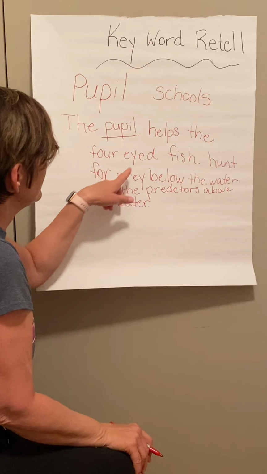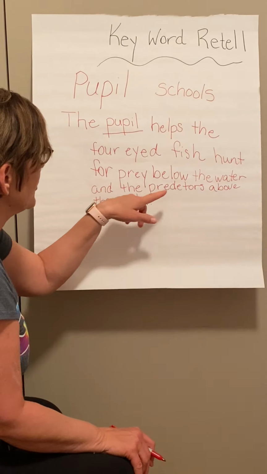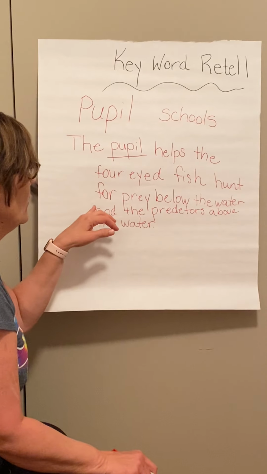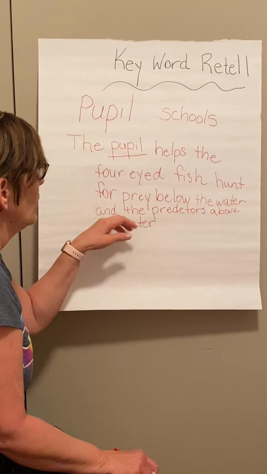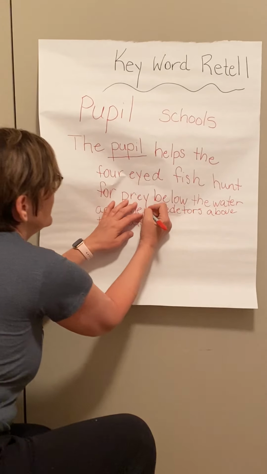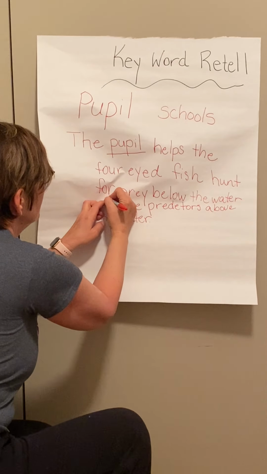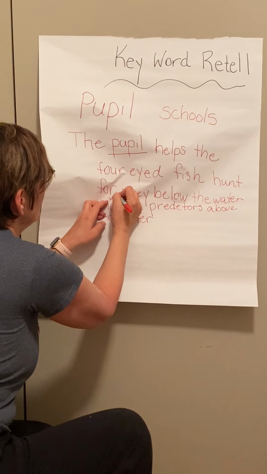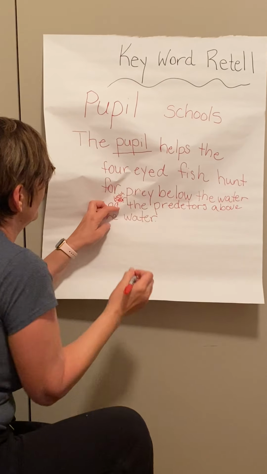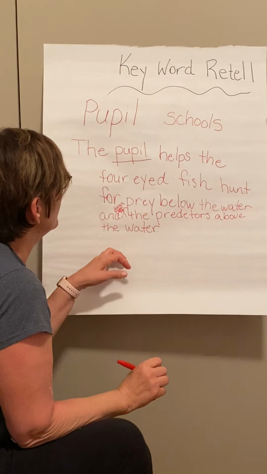So the pupil helps the four-eyed fish hunt for prey below the water and the predators above the water. So I would have wanted to put watch out for. So above the water and watch out for. There, that's what I would have added there. Watch out for the predators above the water.